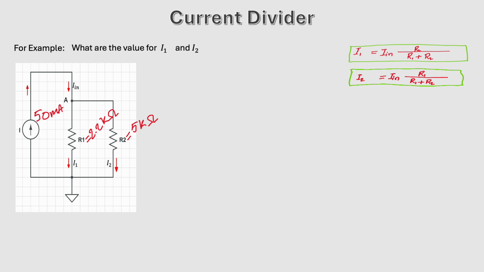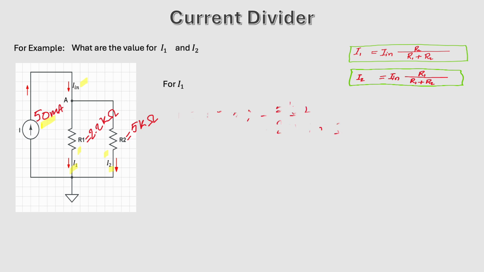From this example we want to find the value for I1 and I2, and we say the current source supplies 50 milliampere of current, I in is equal to 50 milliampere, which is divided into two currents I1 and I2 with the resistors being 2.2 kilo ohm and 5 kilo ohm respectively. So using these equations we can get I1 and I2 very easily.